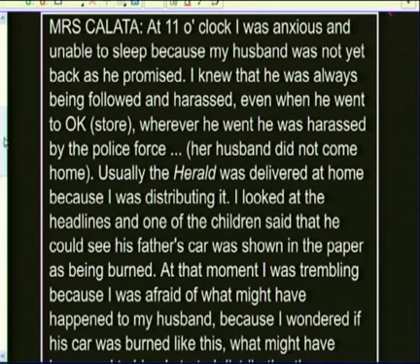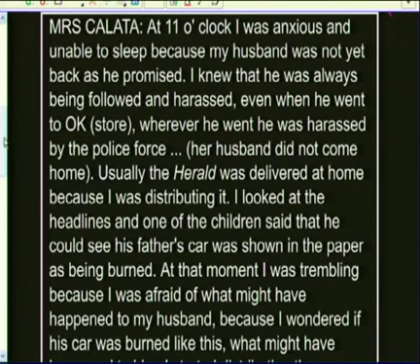And how do we know that? First of all, she says that the husband did not come back home as he promised. I knew that he was always being followed by the police, obviously, and harassed by the police.